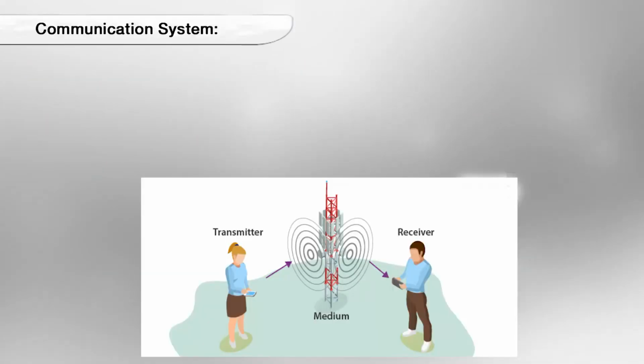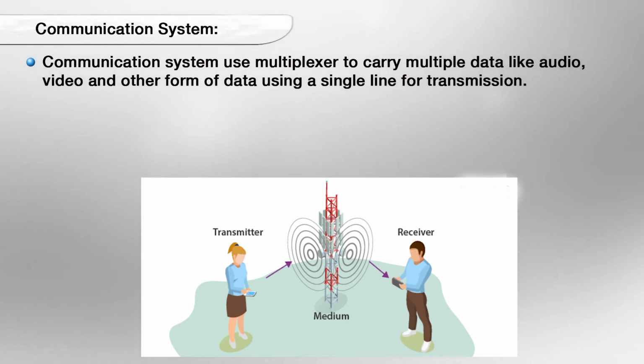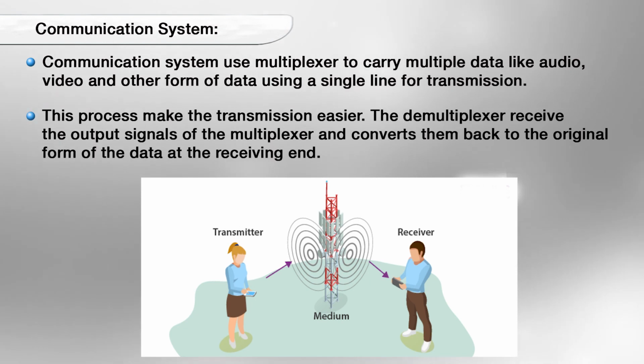They are widely used in communication systems. A communication system uses a multiplexer to carry multiple data like audio, video and other forms of data using a single line of transmission. This process makes the transmission easier.